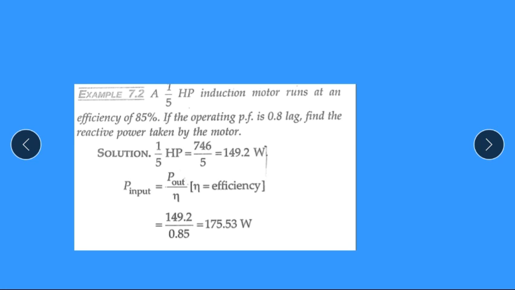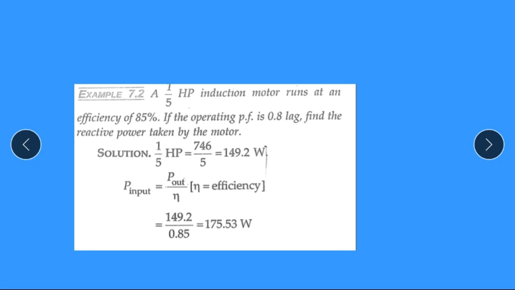First of all, we convert HP into watt, since 1 HP is equal to 746 watt. So the rating of the induction motor is 149.2 watt.